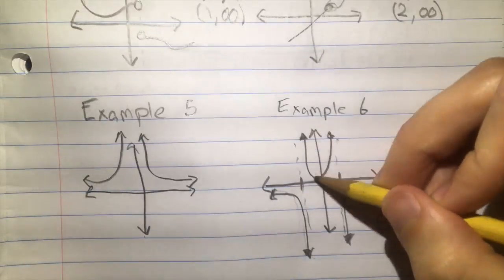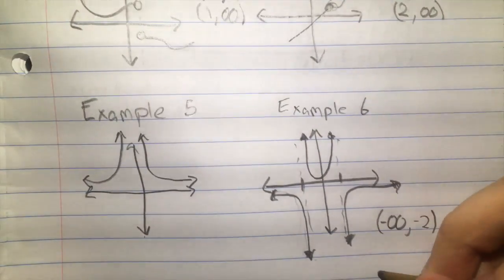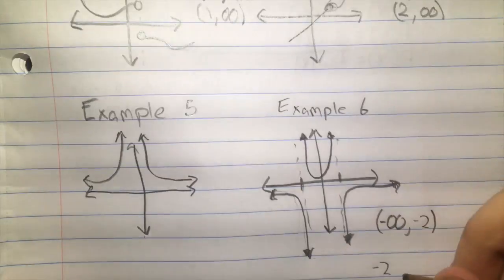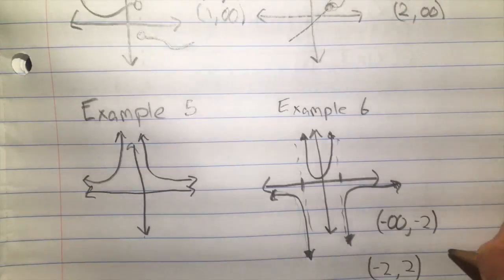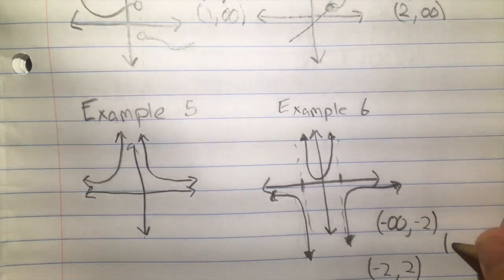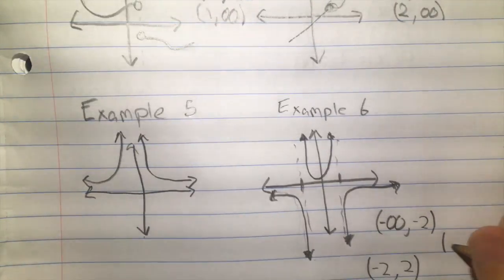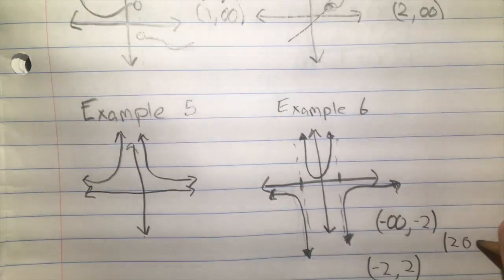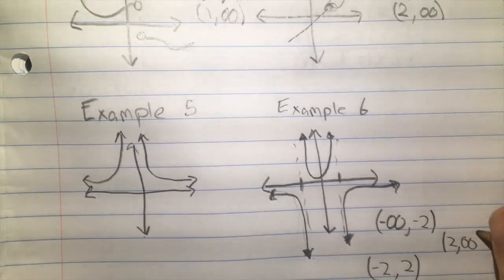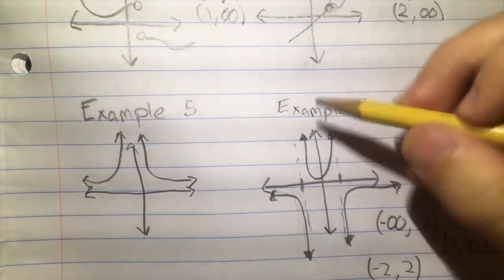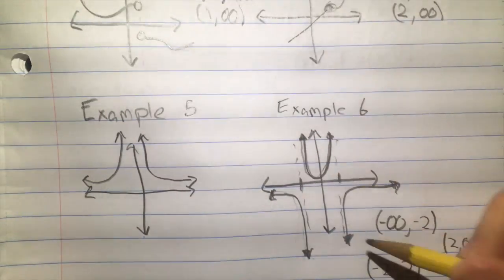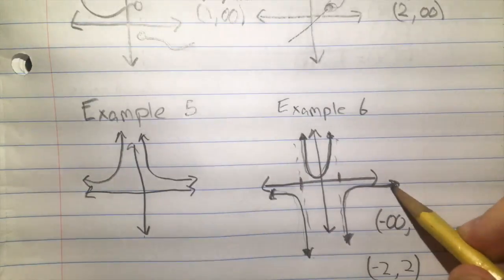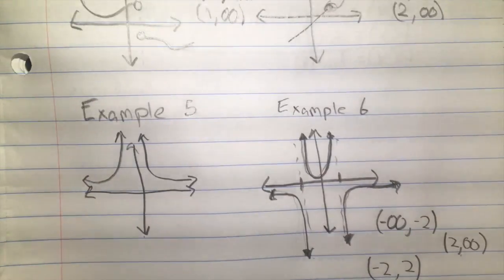Then negative 2 to positive 2, and 2 to infinity, because it's continuous in this domain, and it's also continuous over here.